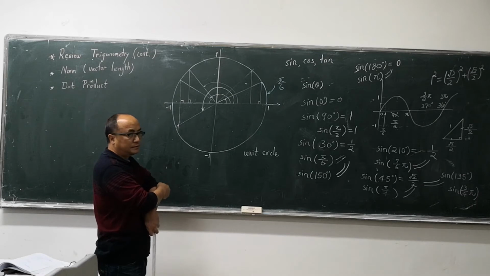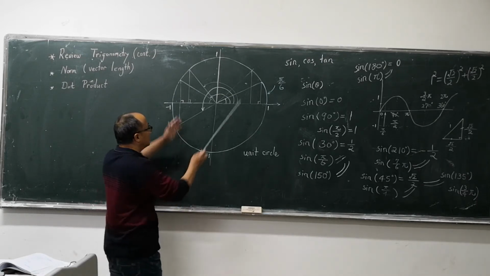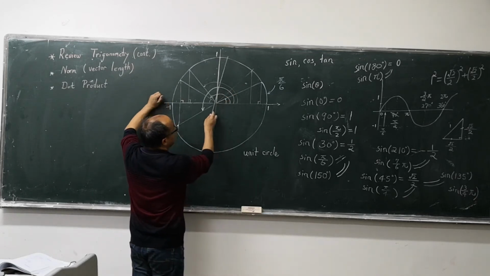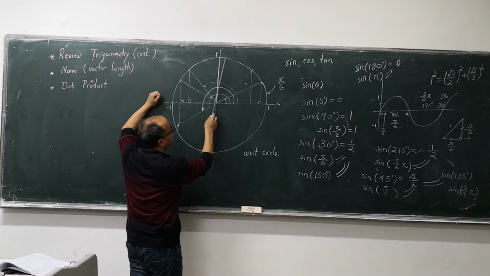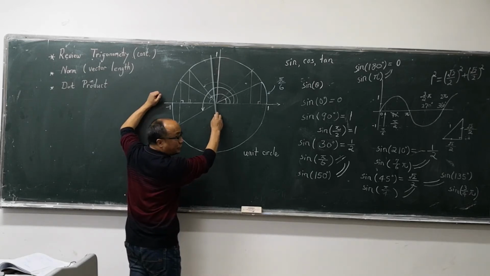Okay. So this is very important. 89 degrees and 91 degrees, the sine values are equal.